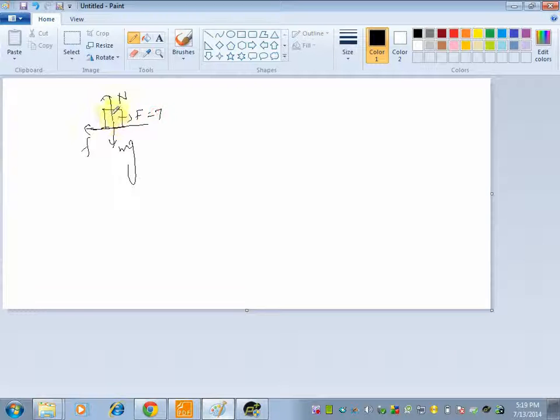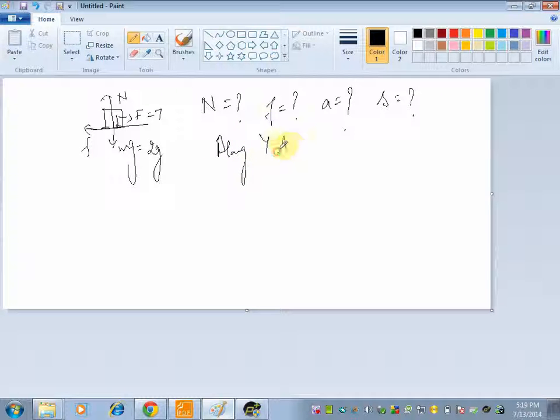External force 7, 2 kg object, this is 2g. Normal force I have to find out, so that I can find friction force, so that I can find acceleration, so that I can find displacement. So along the y-axis for this object, N minus mg is 0, N is equal to mg and m is 2, so 2g. I'll take the value of g later on.